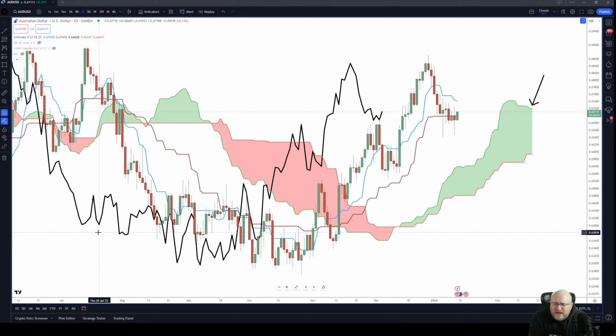A lot of the systems use the conversion line, or the Tenkan-sen, as a kind of trailing stop loss. Yes. Yep.